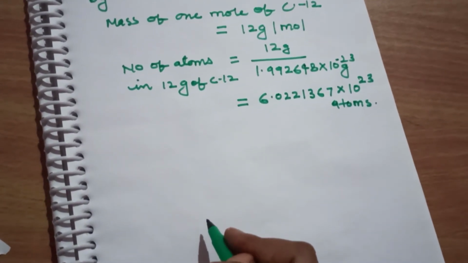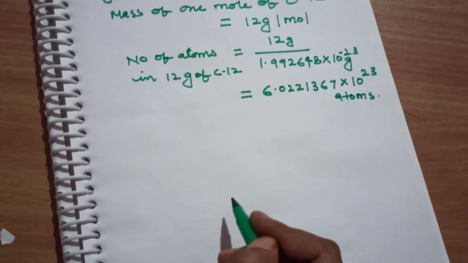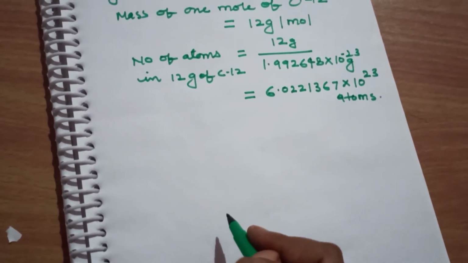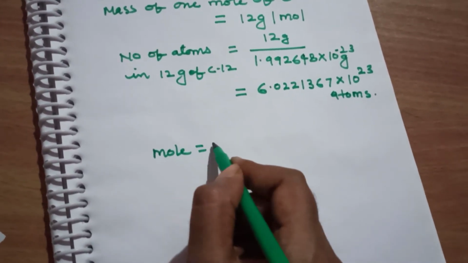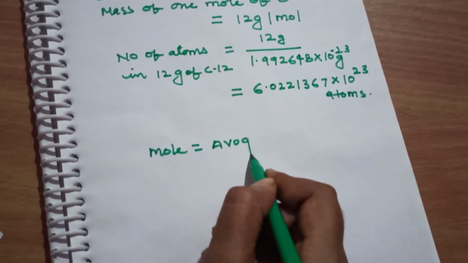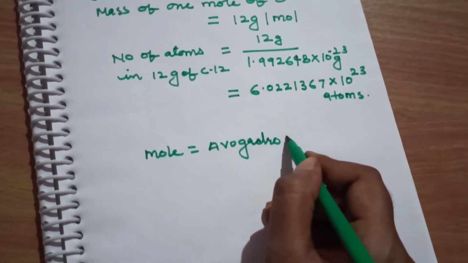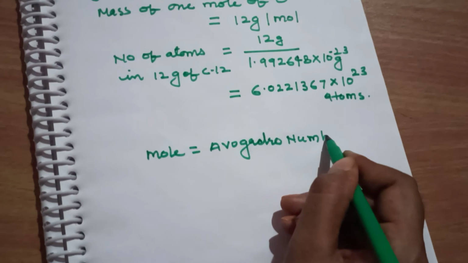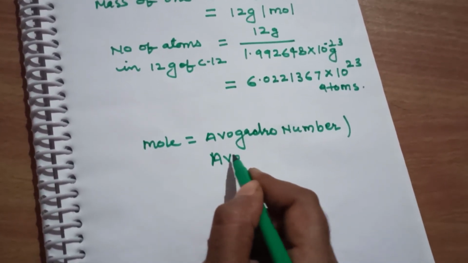For mole, another name is used, that is Avogadro's number. Mole is Avogadro's number or Avogadro constant.